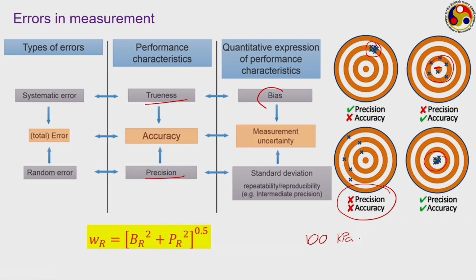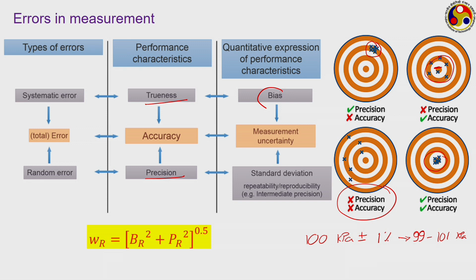One particular way of representing the error, the most common way, is plus minus 1%. It indicates that while the instrument is reporting a value of 100 kilopascal, the actual value may be anything between 99 to 101 kilopascal, that is plus minus 1% of whatever we are getting.